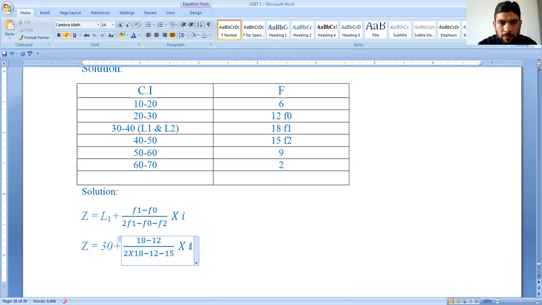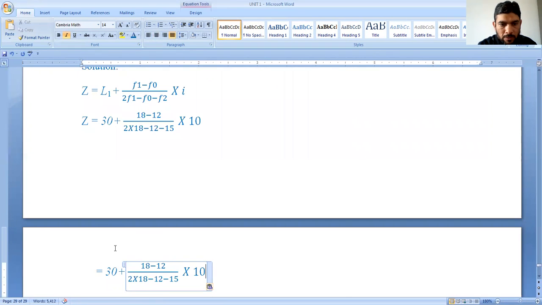I is the difference of the class interval 30 to 40, so we have 10 as the difference. Now we apply the BODMAS rule. 18 minus 12 will be 6. Then 18 into 2 is 36, minus 12 and minus 15, that is minus 27, into 10.